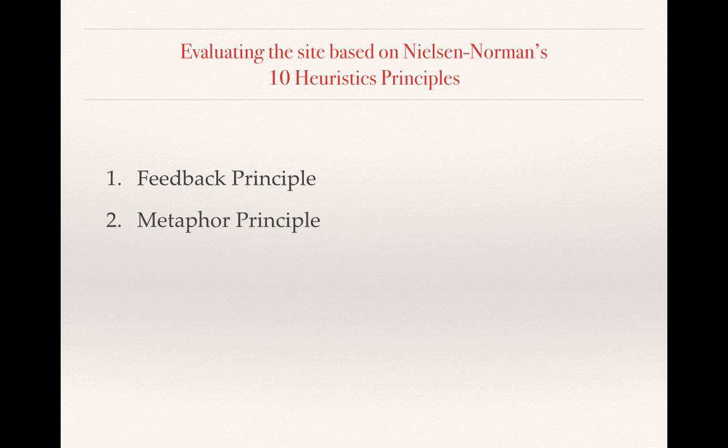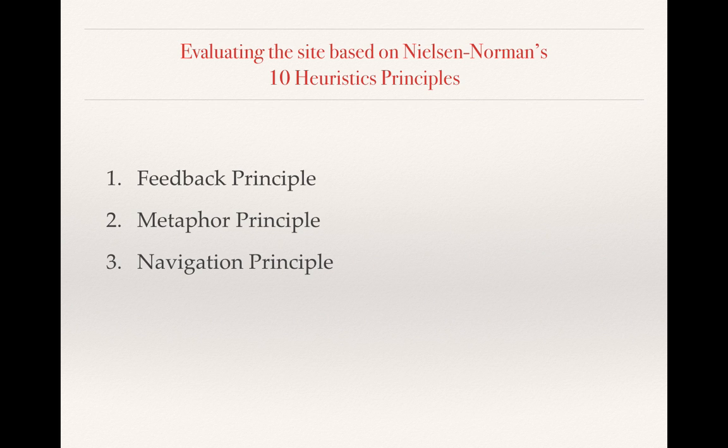Metaphor meaning, does the iconography and the typography match what users would see in the real world, or is it kind of bogged down in a lot of technical language or nonsensical icons? Navigation principle is just basically, how does the site let the users navigate around? Does the user have good control and good freedom? And also, if they end up somewhere that they don't want to be on the site, is it easy for them to go back?